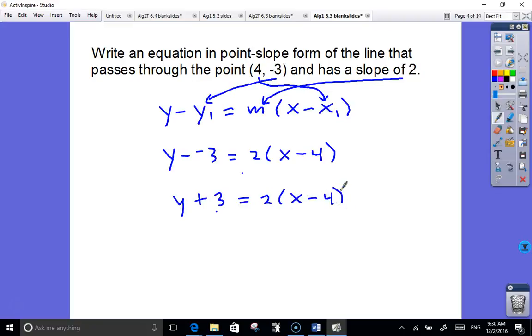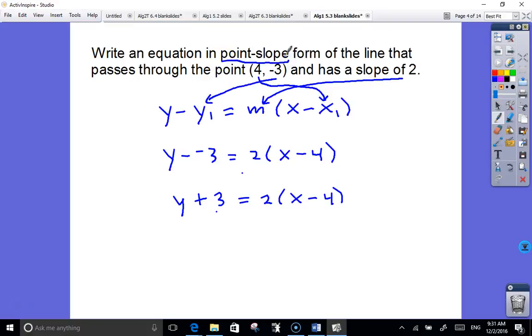The point-slope form has m times parentheses x minus x1, so don't distribute it. That's the whole answer. Just plug in for the m and the point, and resolve a minus a negative. Other than that, you're done. It didn't ask for slope-intercept form. It said point-slope. So you've got to read what it says.